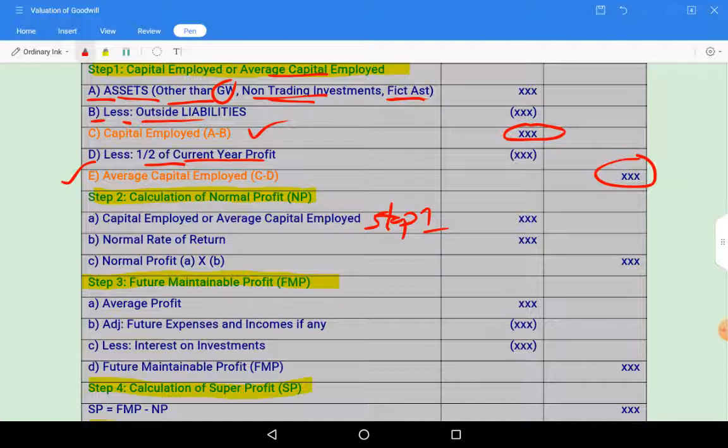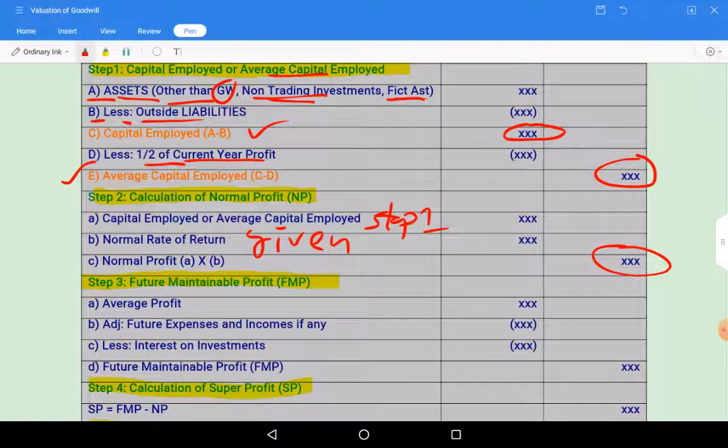This will be given in the question itself, don't worry about it. We need to take that fair rate of return on capital employed, like that it will be given. So normal profit is equal to capital employed, or if you calculated average capital employed, into normal rate of return, you will get normal profit, that is NP.